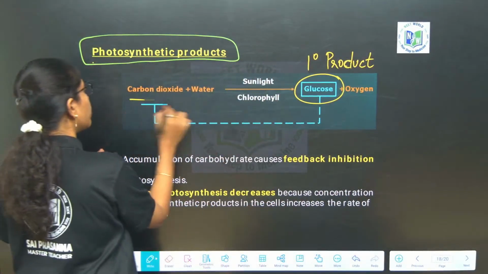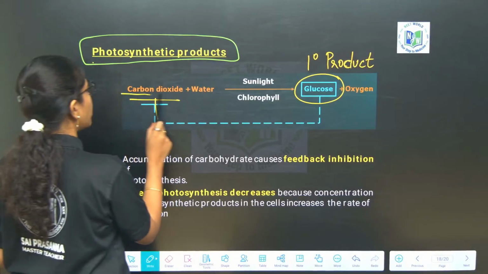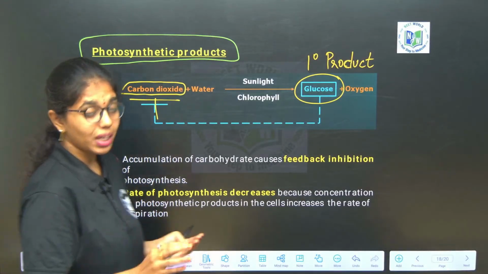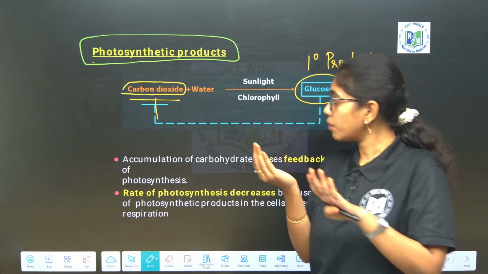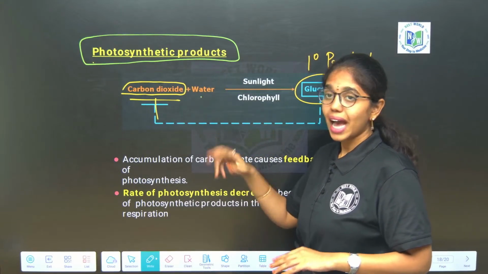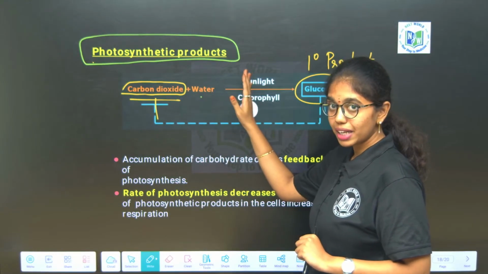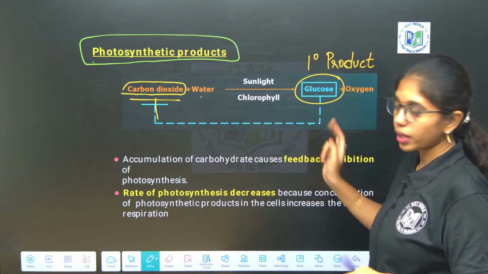This will inhibit what? Carbon dioxide fixation, okay. Higher the glucose rates, it will reduce the carbon assimilation, okay. Carbon dioxide getting fixed or assimilated will be inhibited by higher glucose rates, okay.